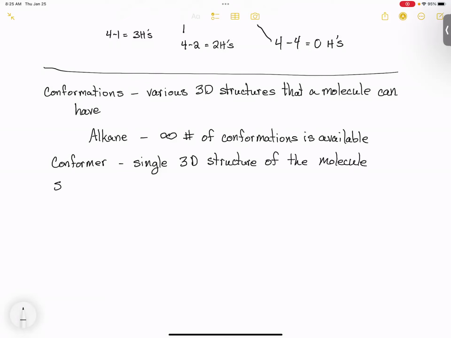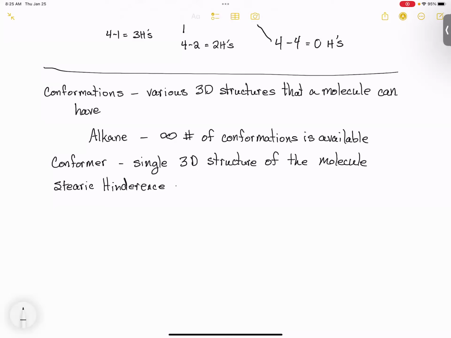And the last is steric hindrance. I always have to look at how I write it and then decide which one it is. Steric hindrance.